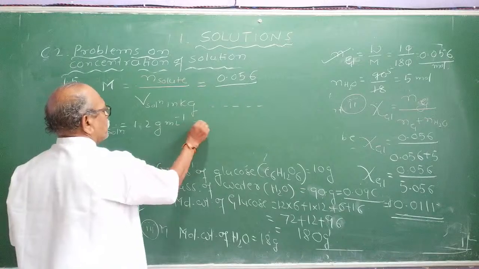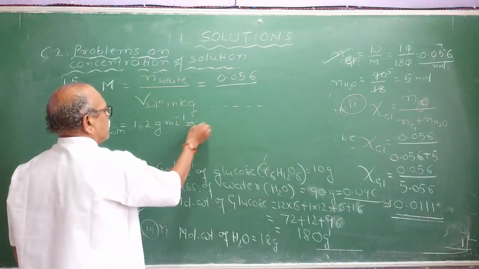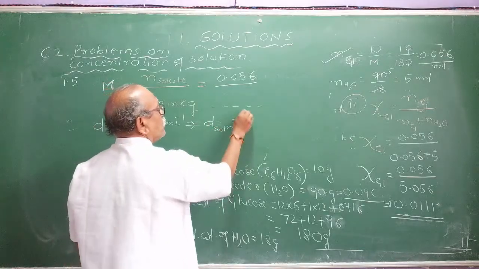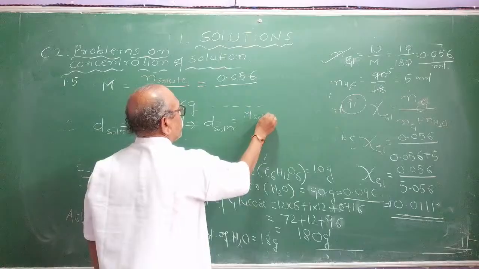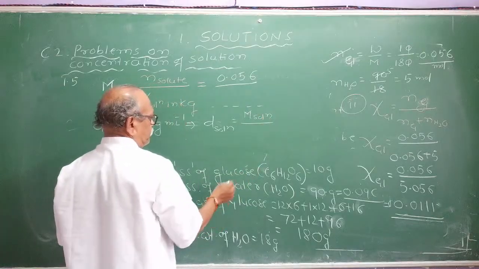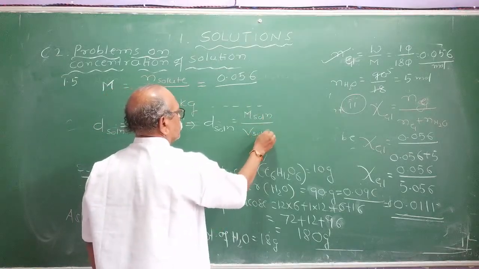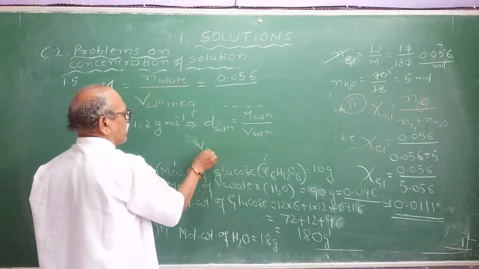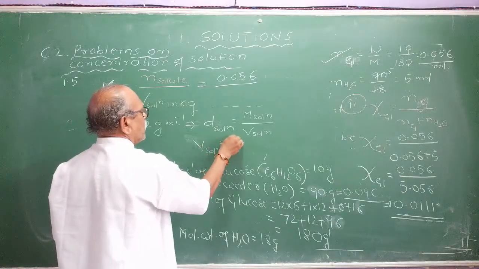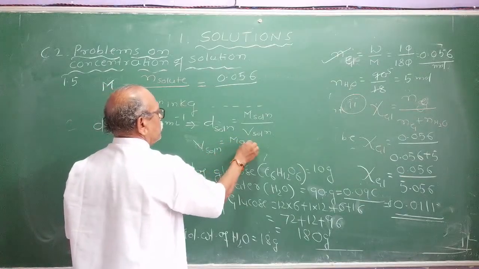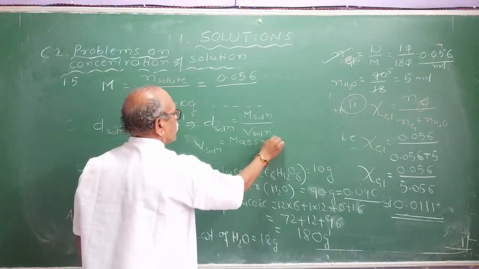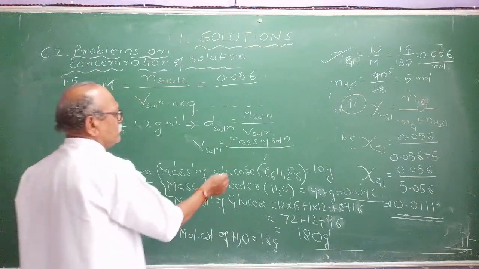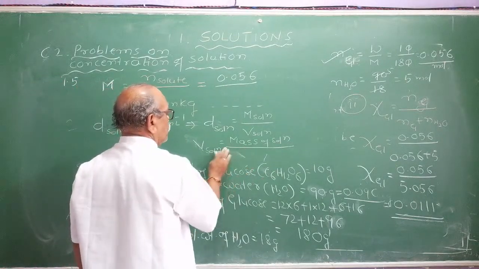You know the density formula: density of the solution is given by mass of solution, very important, divided by volume of solution. Take the volume of the solution to the left, then you get the total mass of the solution. Mass of solution, not the solvent or solute, which is 100, divided by density of the solution.